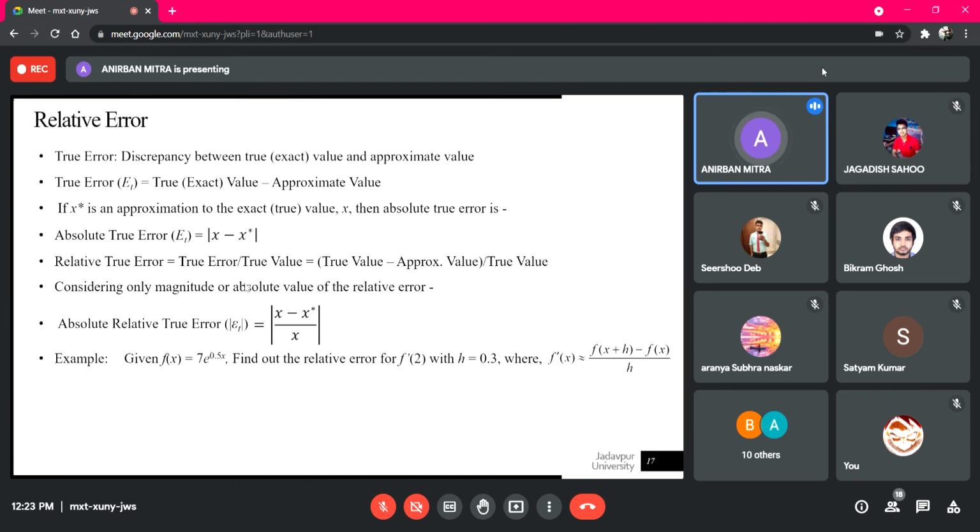Let's consider this example. It's quite similar to the previous one. And here we want to calculate the relative error for the same value, that is f dash 2 with h equal to 0.3, where the approximate first derivative is given by this function f(x).